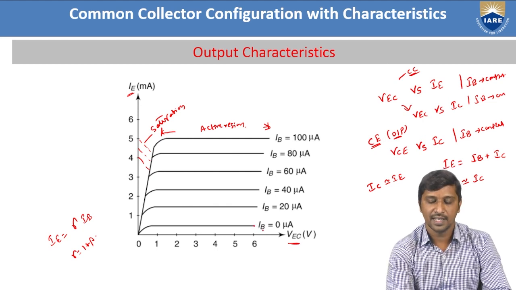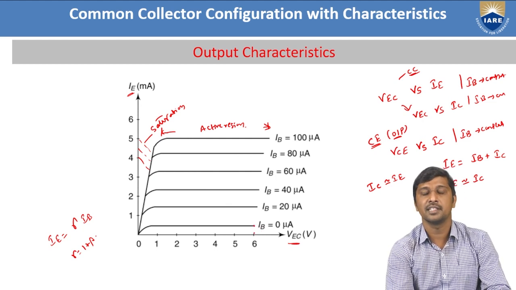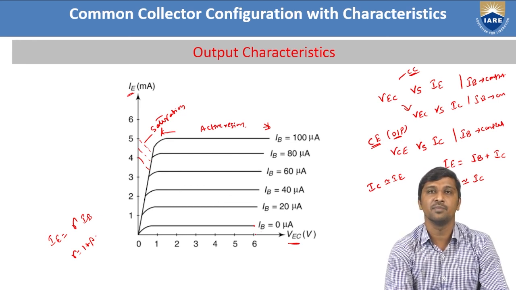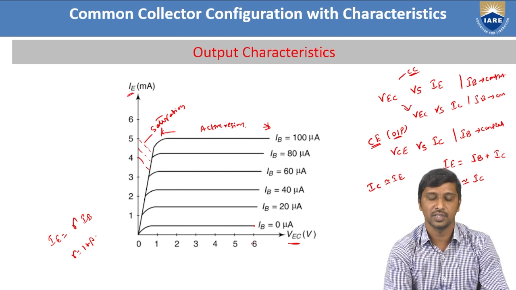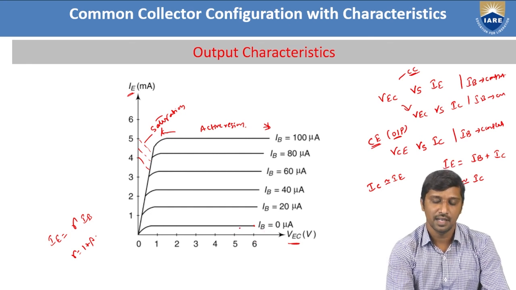Whenever this IB current is less than or equal to 0, it means there is no flow of charge across the base terminal or input side junction here. So the junction behaves like a reverse biased junction. That is the reason. If the emitter base junction is reverse biased when IB is 0, and the collector base junction is already reverse biased, then this region is called the cutoff region.